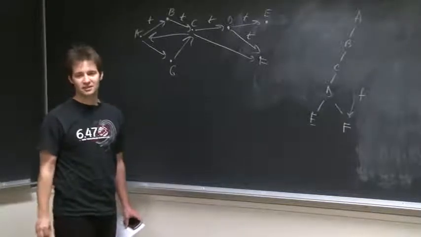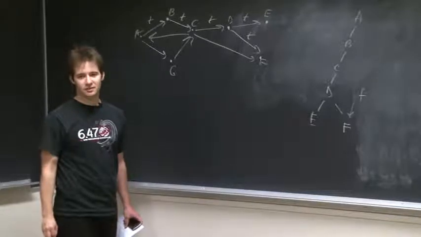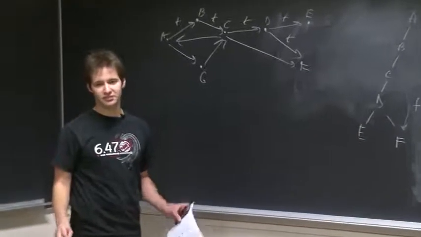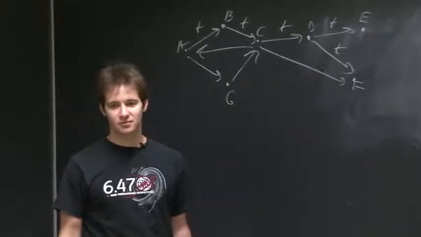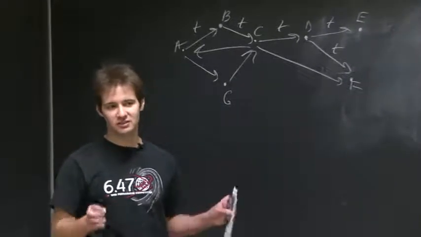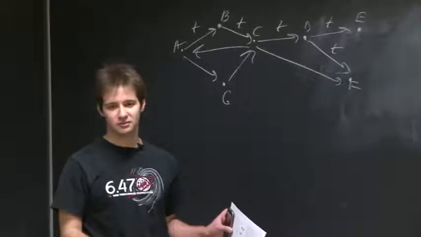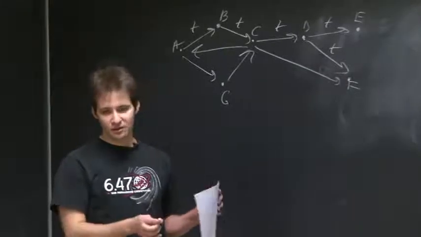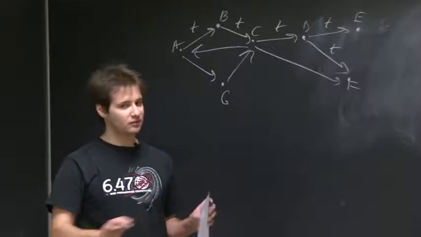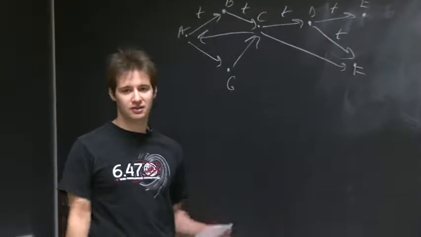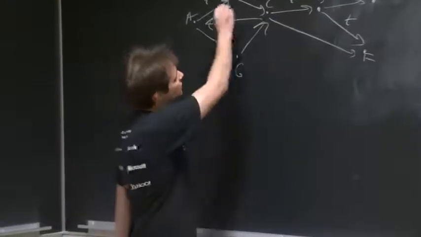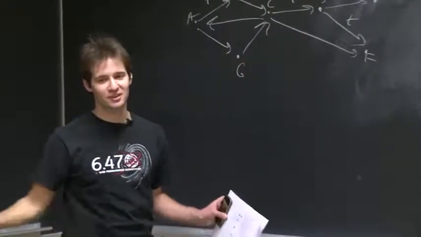Because that's the edge that DFS took. So the edges that we actually followed in DFS have a special name, and they are tree edges. The most important edges are the edges that make up your DFS tree, and that's why those are tree edges. We don't even look at the other types. If you have an edge and DFS followed it, it's a tree edge, done. So these are all tree edges. We don't care about the other definitions.